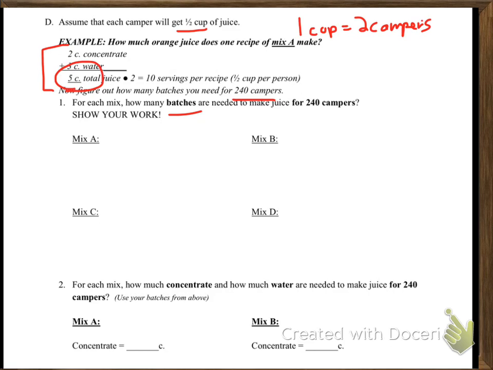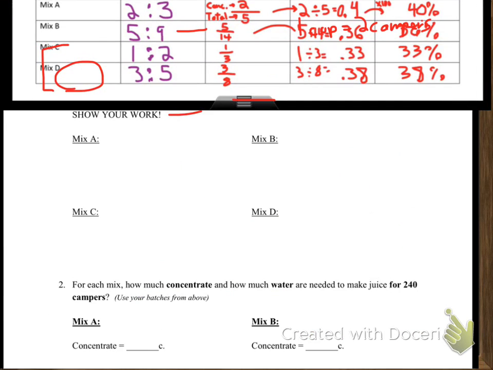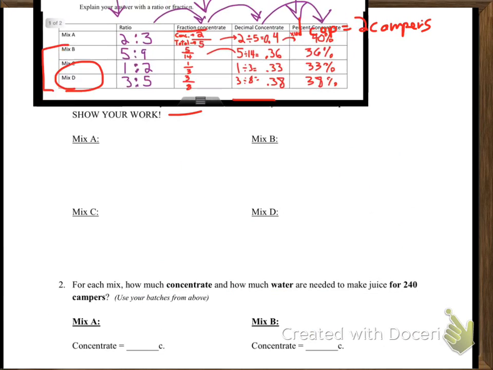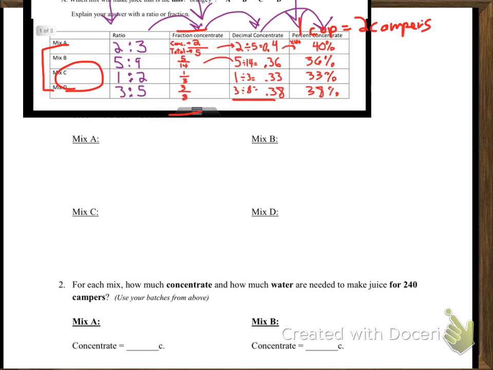For mix A, maybe finding my cheat sheet is going to help me with this one. So I'll bring that into view here. Okay, let me clean this up. For mix A, we had a total of how many cups?